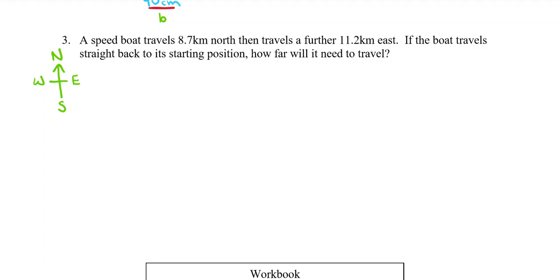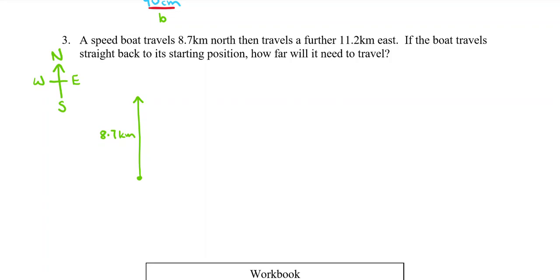So using that compass, our speedboat is going to travel 8.7 kilometres north. So it's going to start down here, and north means it's going up. So it's going this way, you put a little arrow on the end because it's going that way, and it's going 8.7 kilometres.